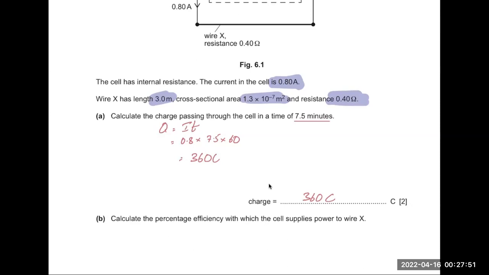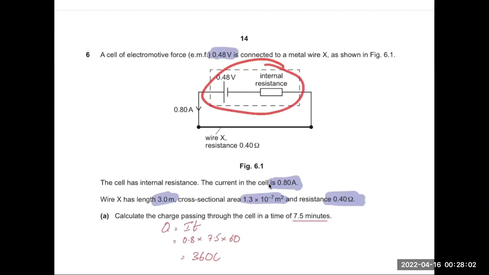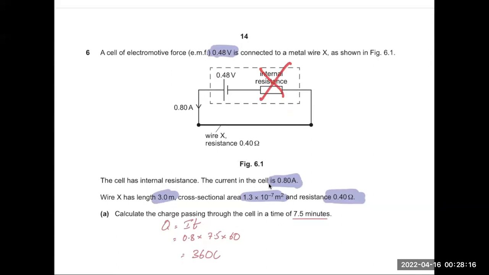Part B says calculate the percentage efficiency with which the cell supplies power to wire X. What is the efficiency with which this cell here supplies power to wire X? Now, before we talk about this, I want you to understand that if the cell did not have an internal resistance, if this was not present, the cell would be 100% efficient.